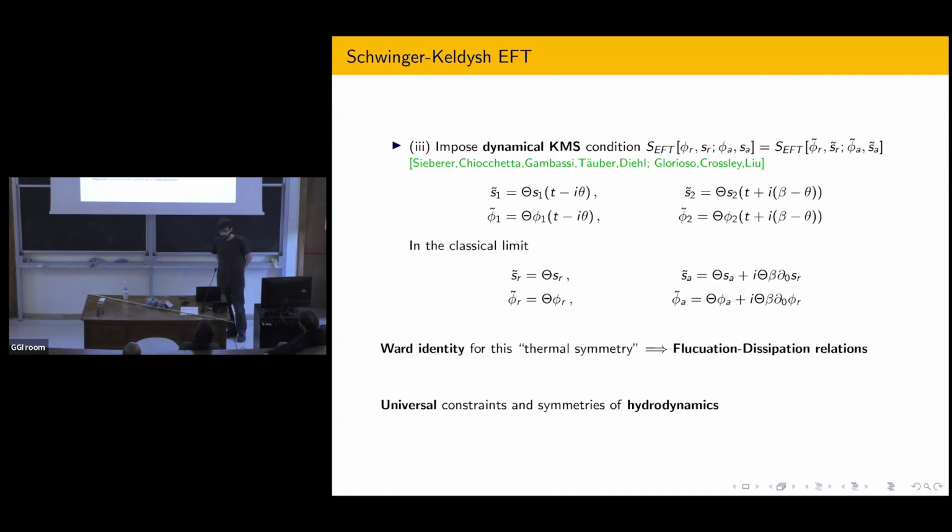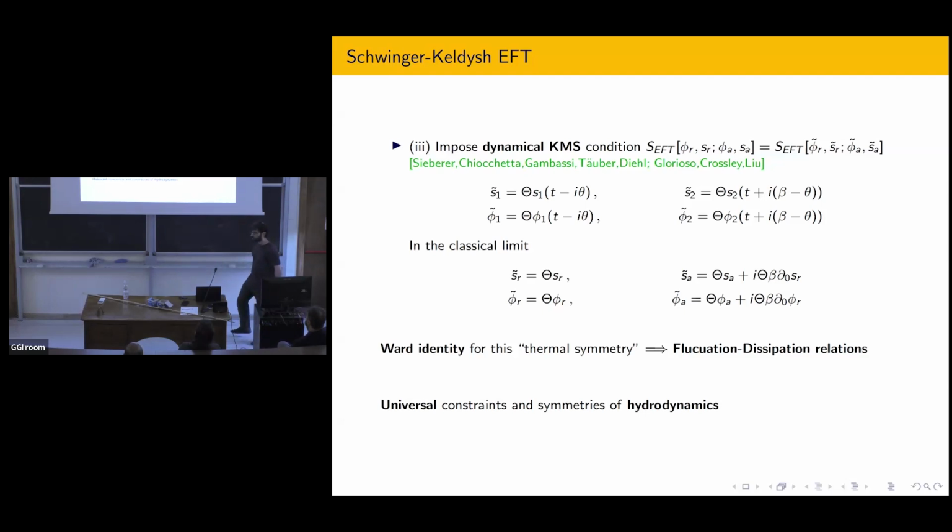And this roughly corresponds to imposing a symmetry of the effective action under a kind of simultaneous KMS transformation of both the sources and the VEVs, as shown here in the slide.